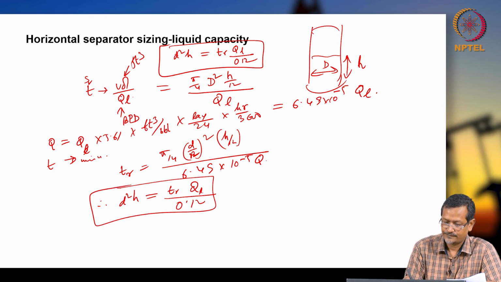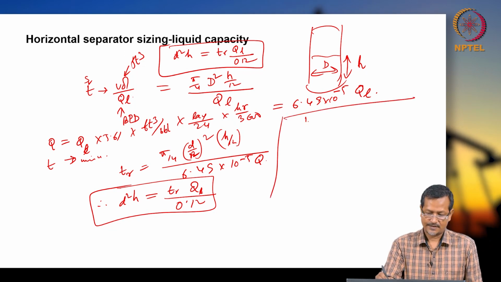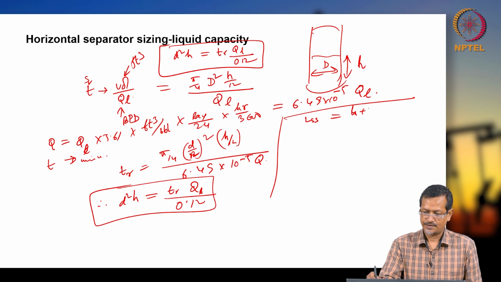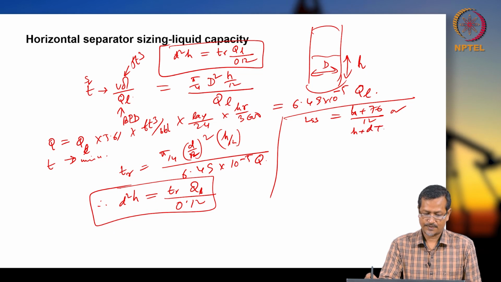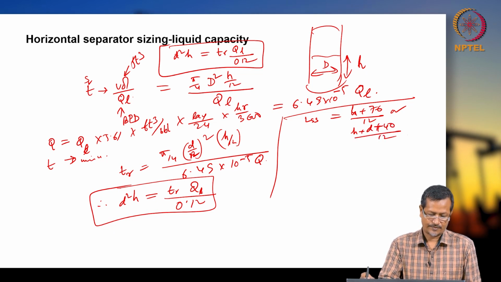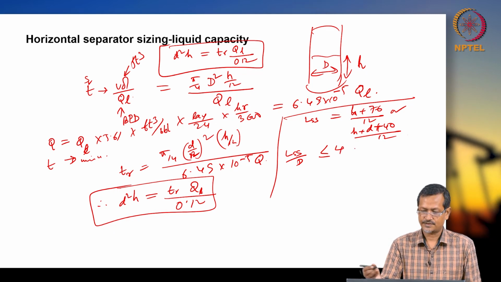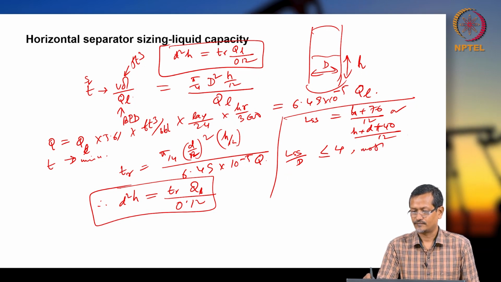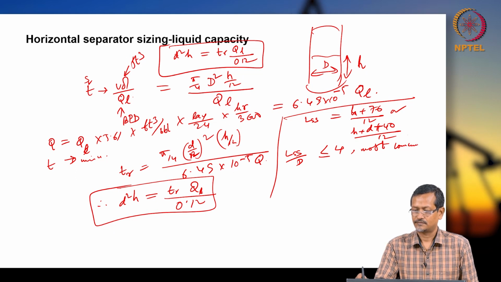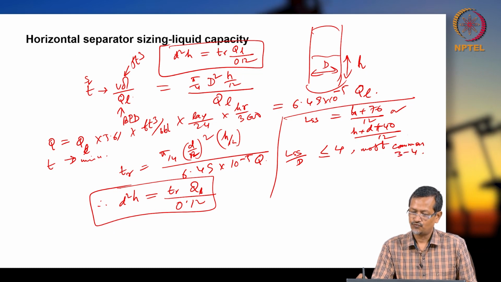So this is the formula for the liquid capacity equation, and for seam to seam length LSS equals H plus 76 by 12, or you can use any one formula, H plus D plus 40 divided by 12. Slenderness ratio you should keep less than 4. LSS by D less than 4, 4 or less. Most common 3 to 4.